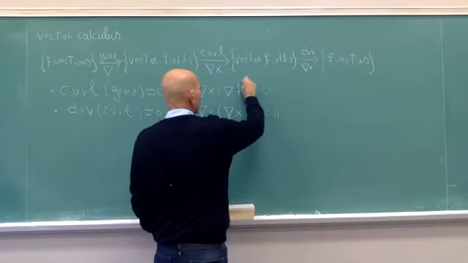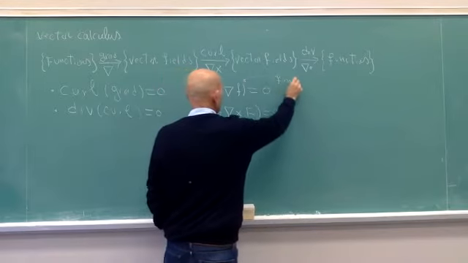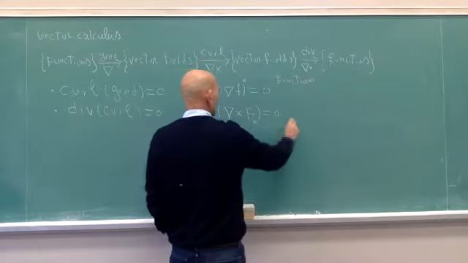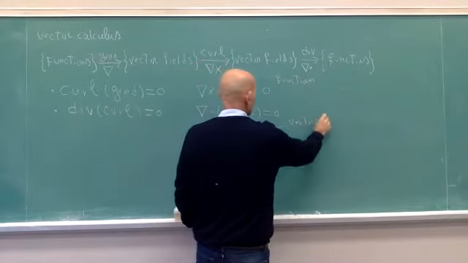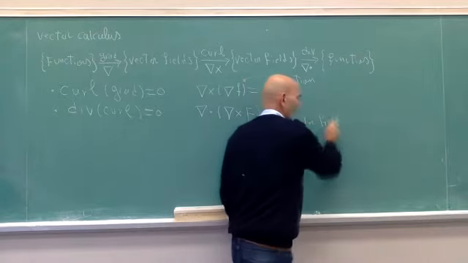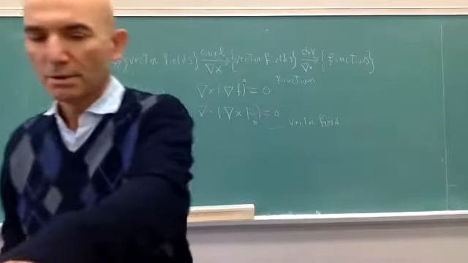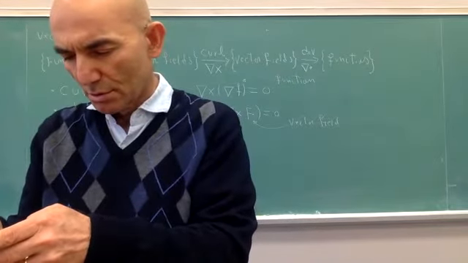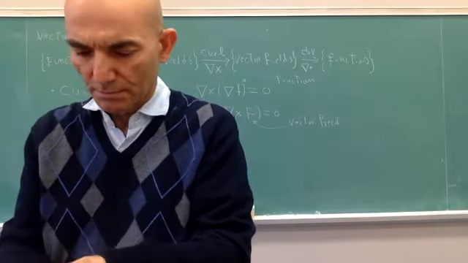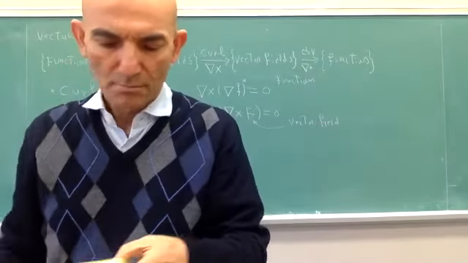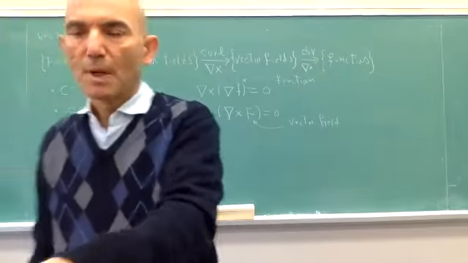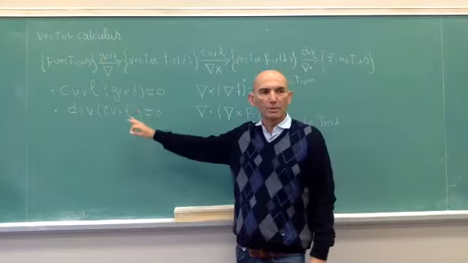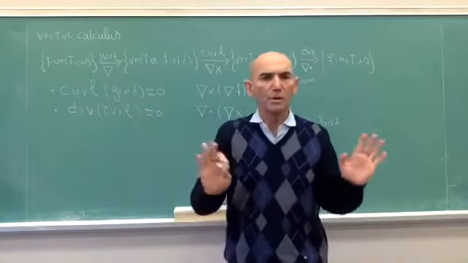Remember, this little f is a function, and this capital F is a vector. Okay. So these two rules are absolutely fundamental. These are supreme rules. They are very, very important.